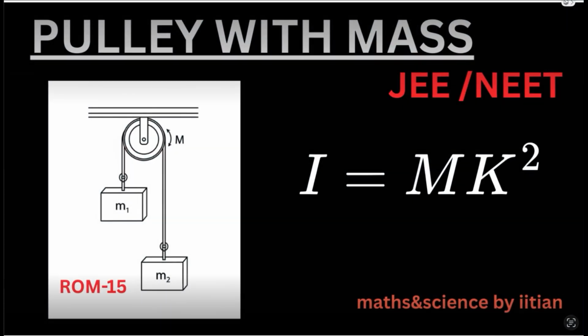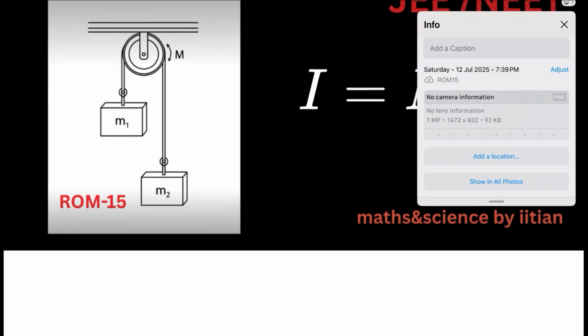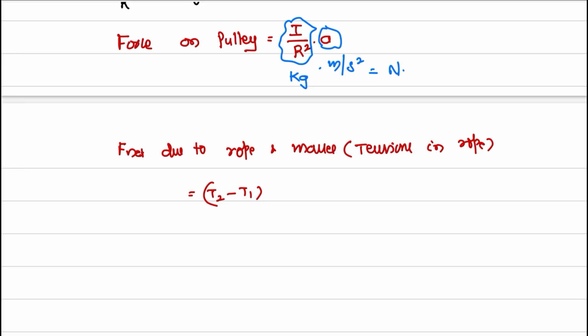Do you agree? For equilibrium, T2 minus T1 is equal to I by R square into A.